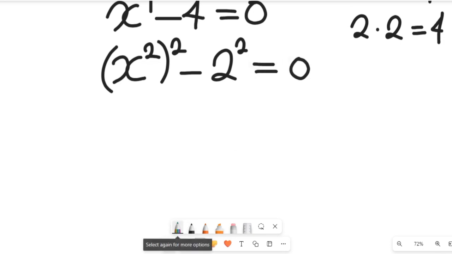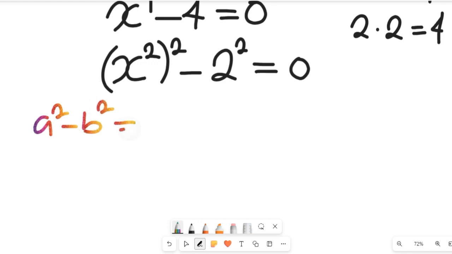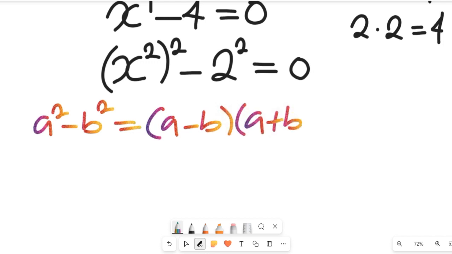Now applying a law of an algebraic formula we have earlier on, a to the power of 2 minus b to the power of 2 will be equal to a minus b, right? And then we'll have a plus b. From this expression, a will be equal to x squared and b will be equal to 2.